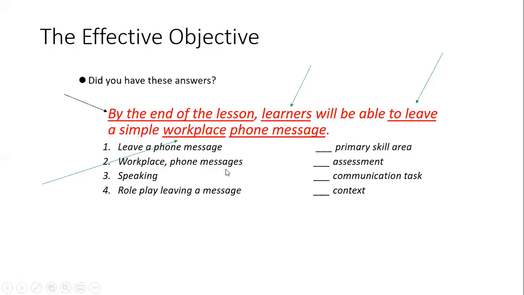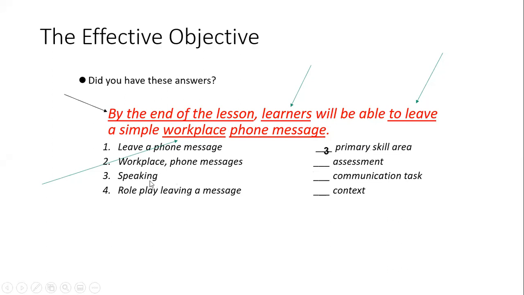Let's take a look now from theory to practice. Here, the effective objective. Look, this is the standard. By the end of the lesson, learners will be able to leave a simple workplace phone message. Then if you check here, number 3 is the speaking, the primary skill area.